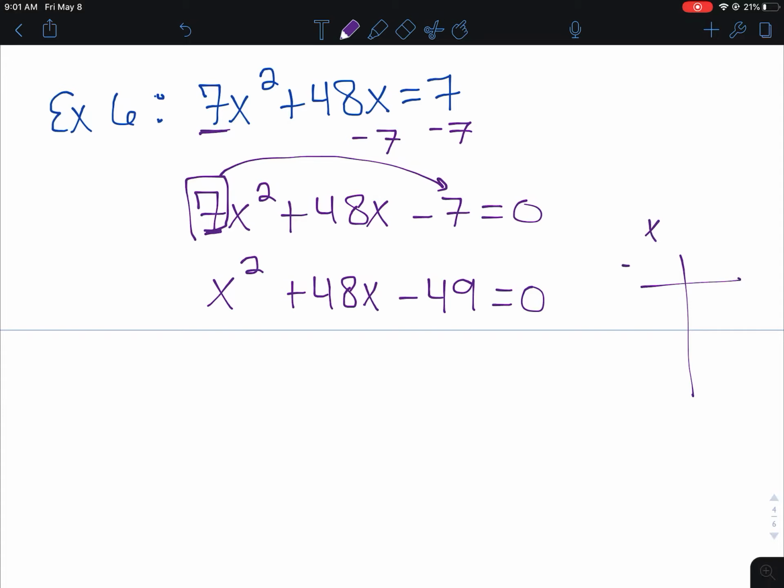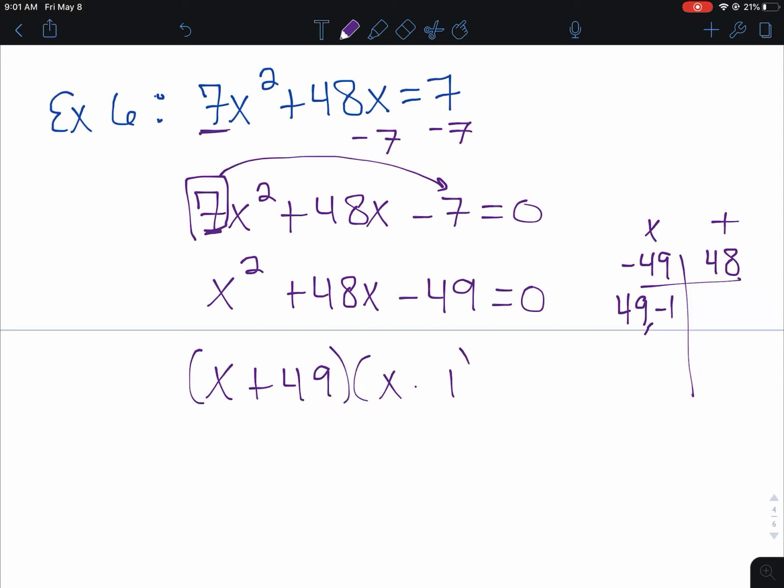Now think about your product sum. What two numbers multiply to negative 49 and add to positive 48? Oh, sorry, 49 and negative 1.